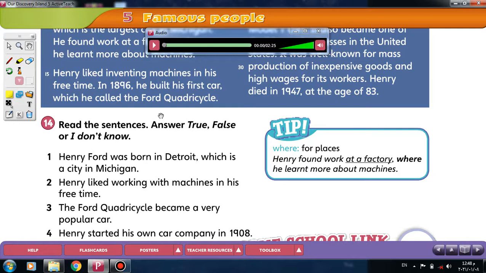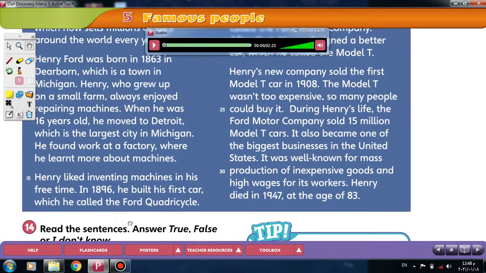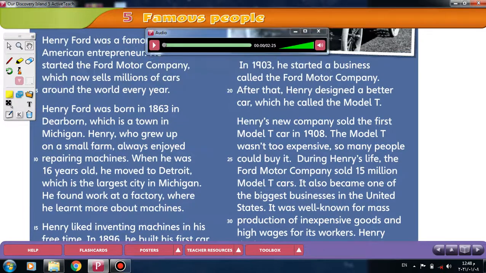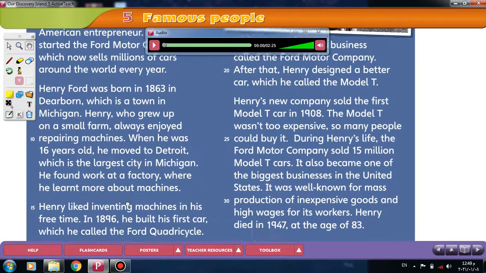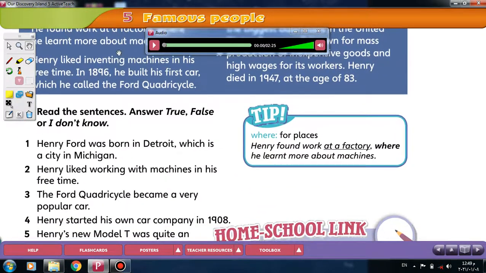3. The Ford Quadricycle became a very popular car. We don't know because it's not mentioned in the text. In 1896 he built his first car, which he called the Ford Quadricycle, and he didn't talk about the Ford Quadricycle after that, so that's why write please IDK next to the third question.